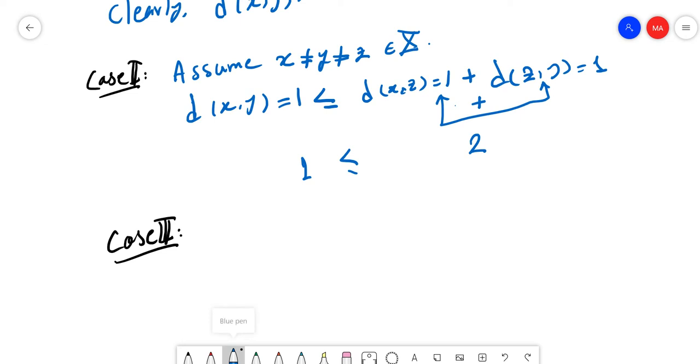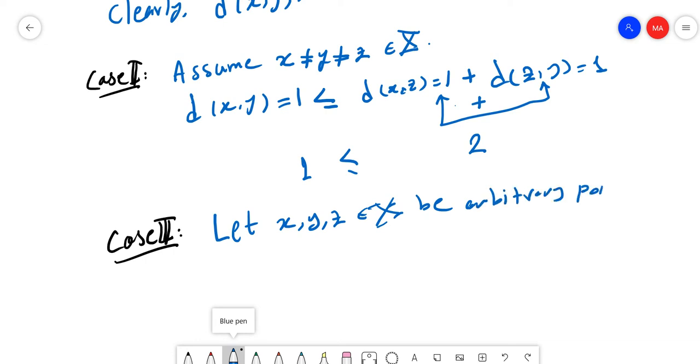Case number 3. Let x, y, z in X be arbitrary points.